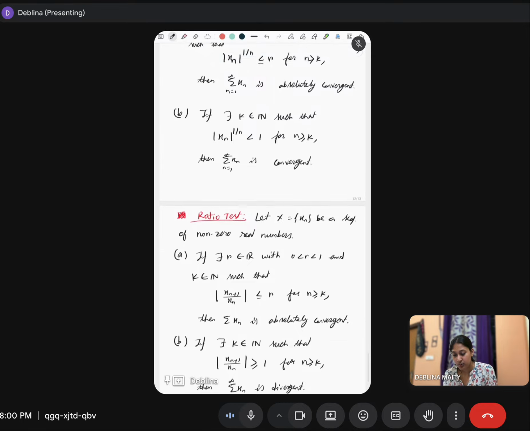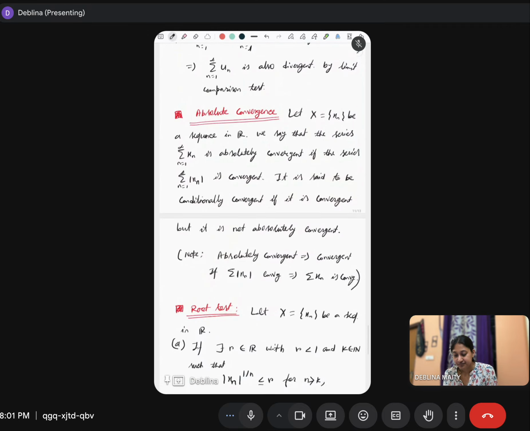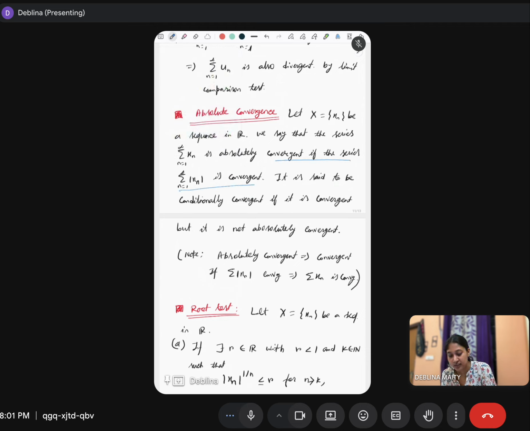These are two tests for checking absolute convergence or not. Absolute convergence means the modulus series is convergent, and conditionally convergent means it is convergent but not absolutely convergent. So we'll see some examples to understand this.